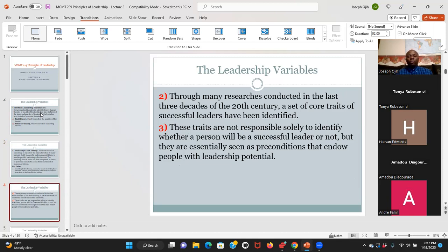So these traits are not, on their own alone, enough to identify whether a person will be a successful leader or not. However, the traits are very important because they are assumed to be the preconditions that endow people with leadership potential.